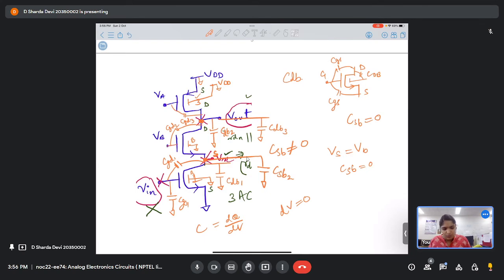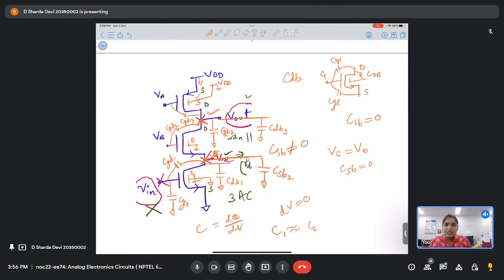Considering these capacitances are almost comparable, we can see two capacitances coming into the picture for this particular node as well as two capacitances for this particular node, right? And if these capacitances are almost equivalent, then C for the first AC node and C for the second AC node are almost equal.